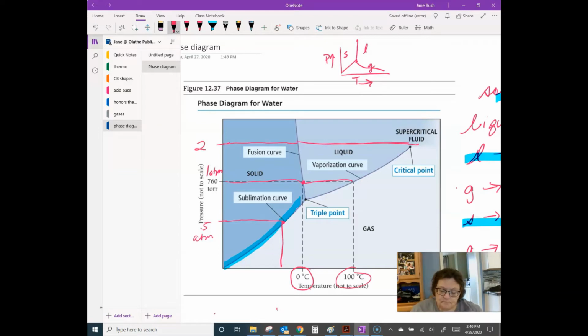Okay? Notice this guy here, the triple point. That is the temperature and pressure at which you get water in solid, liquid, and gas form to exist at the same time, all those phases together. And that's going to be at an atmosphere of less than 1 at just slightly over 0 degrees Celsius.